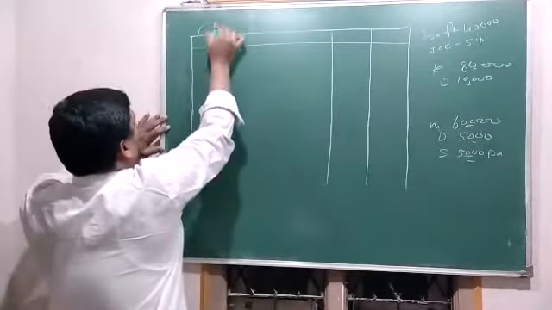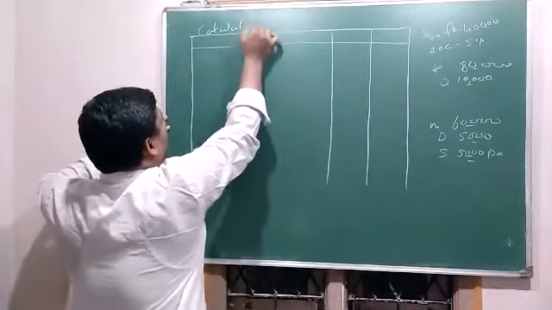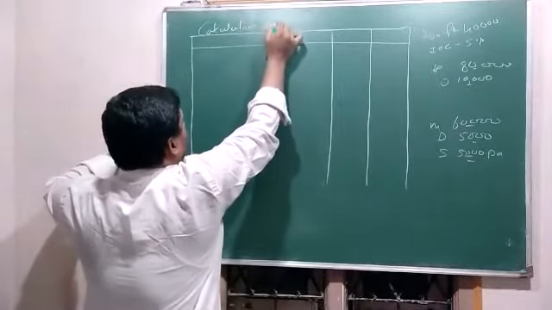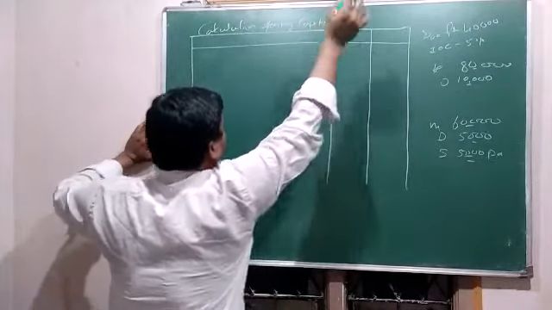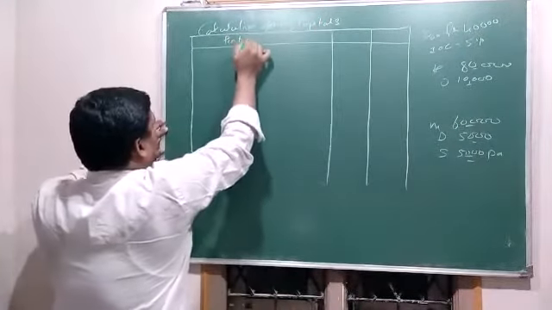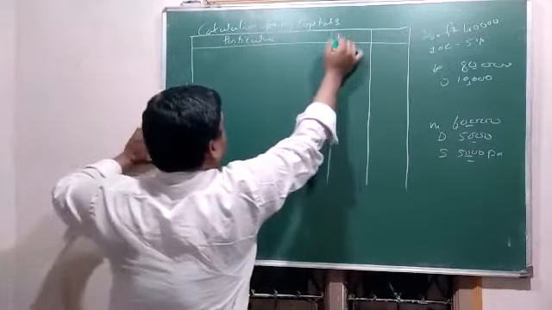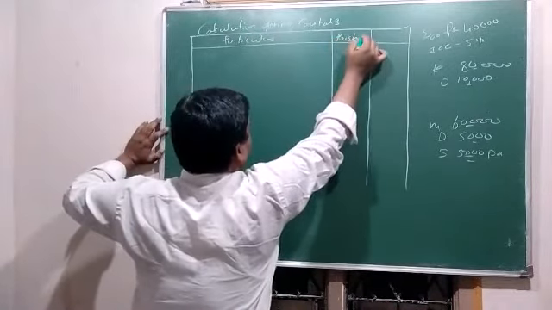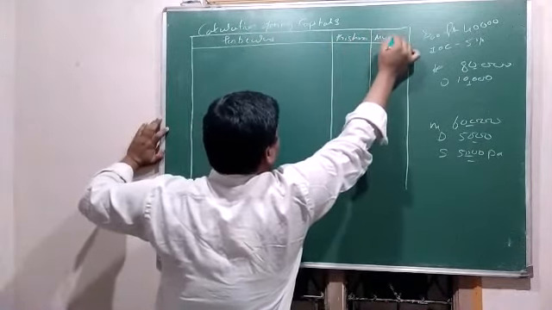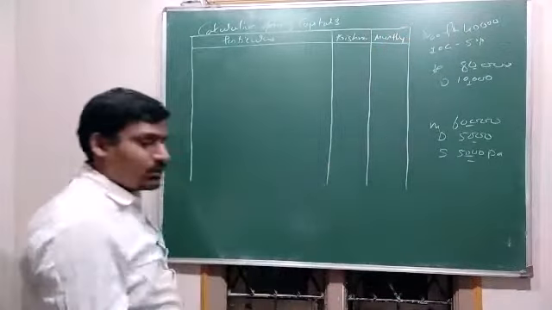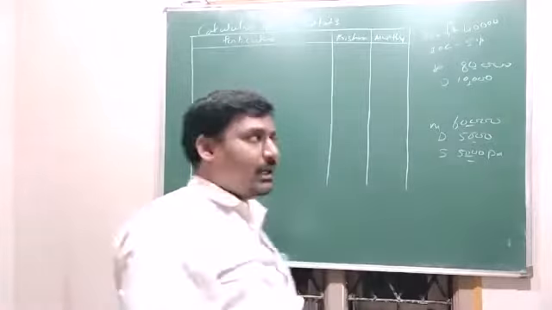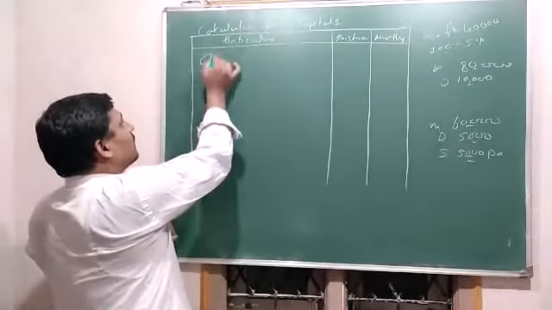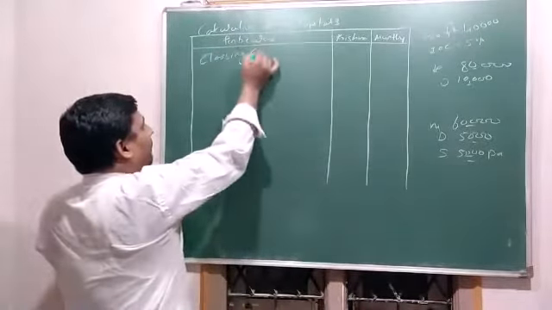Calculation of opening capitals. Particulars: first Krishna and second Murthy. Since with the help of closing capital we have to find opening capital, first take closing capital.